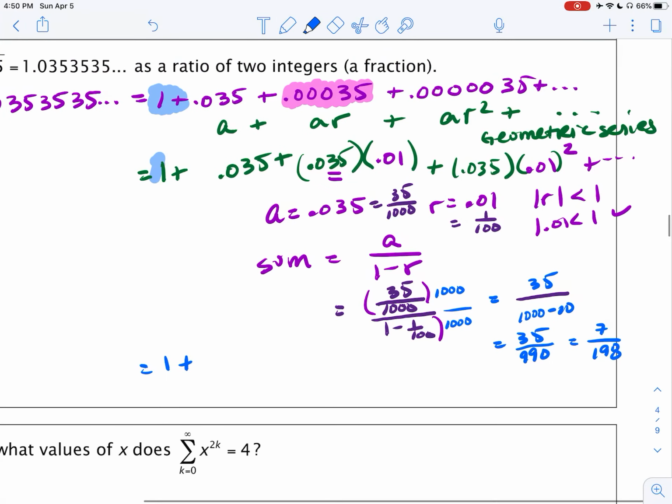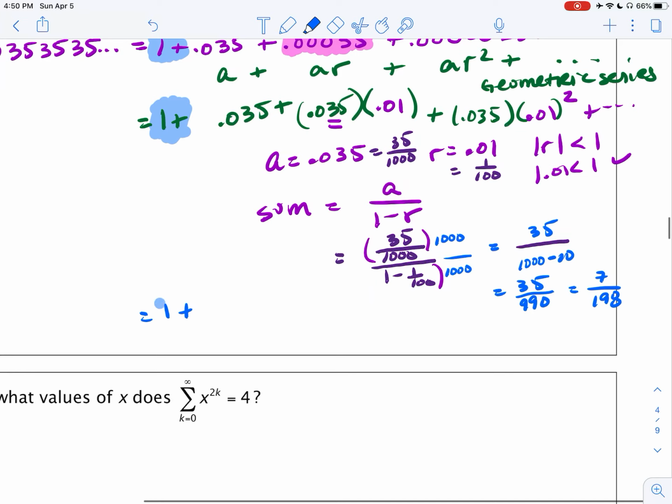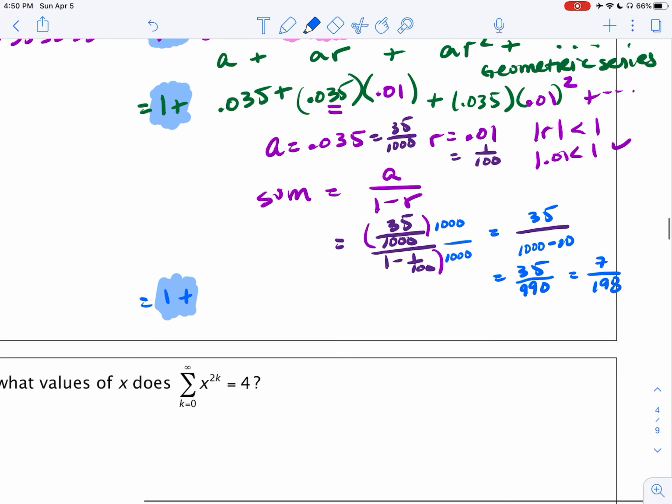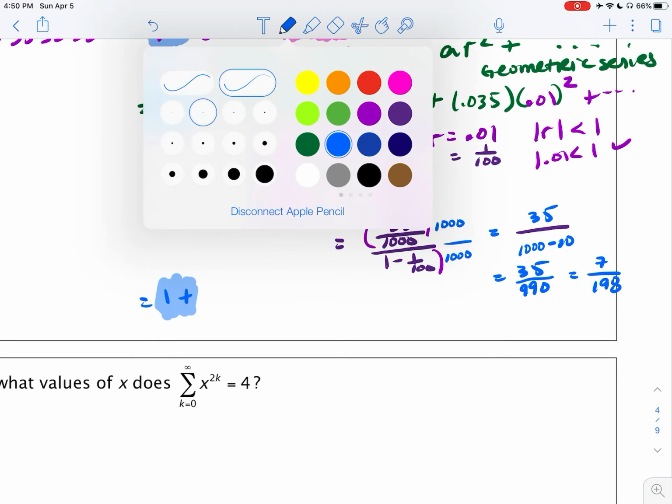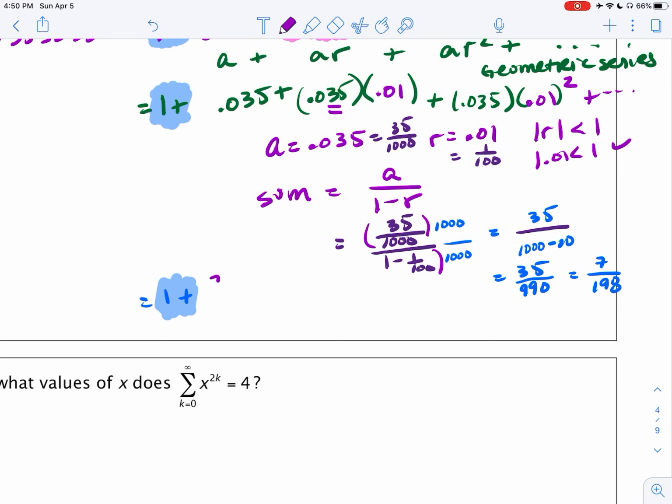Because we want to not forget that we're still adding 1, and we should end up with an improper fraction since we do have 1.0353535. So if I add 1 plus 7 over 198, this is going to be 198 plus 7 over 198.